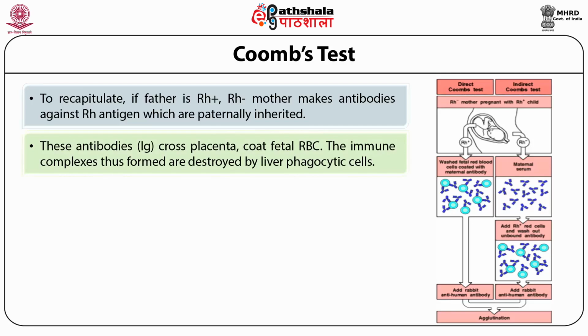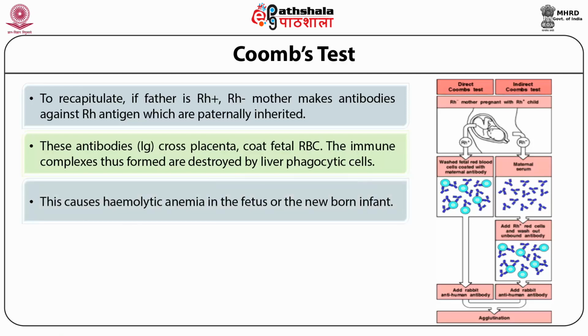These antibodies cross the placenta and coat fetal RBCs. The immune complexes thus formed are destroyed by the phagocytic cells. This causes hemolytic anemia in the fetus or the newborn infant.